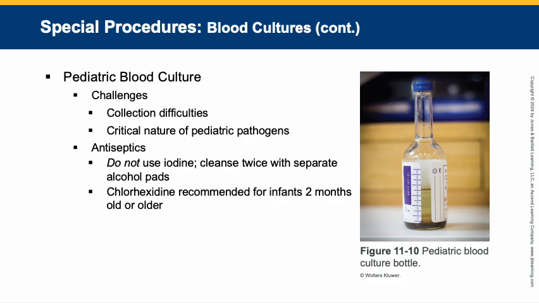The critical part of it is that there are two main organisms called Streptococcus pneumoniae and Neisseria meningitidis, and these can cause meningitis in babies. And this is why it is very important that we actually isolate these organisms if this is causing a problem in these babies. But there's a different broth to volume ratio.